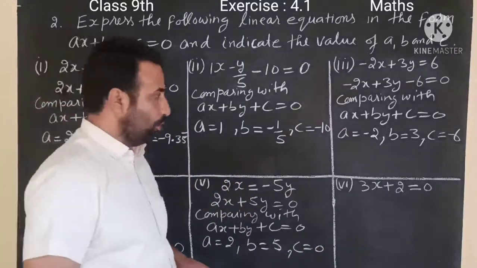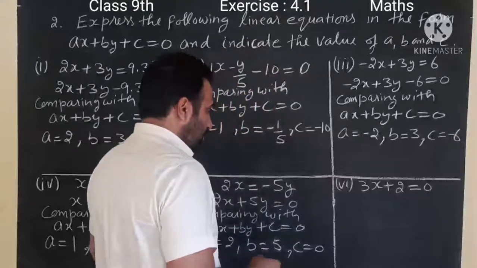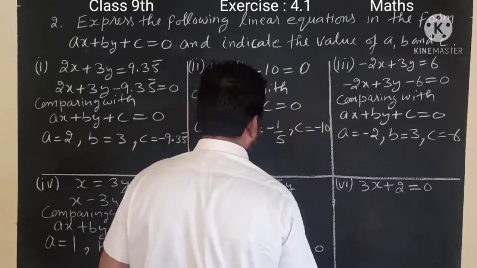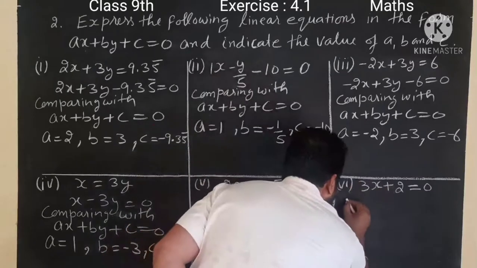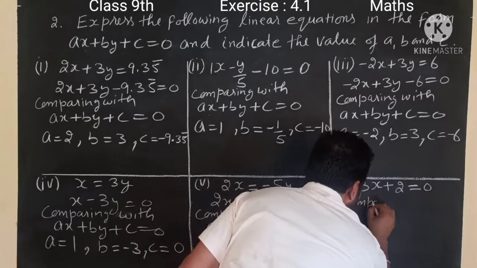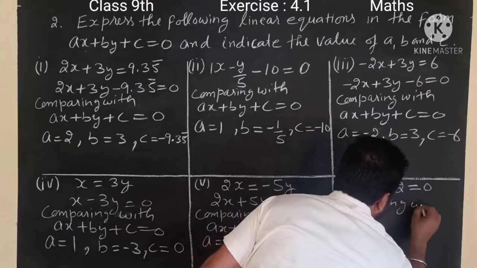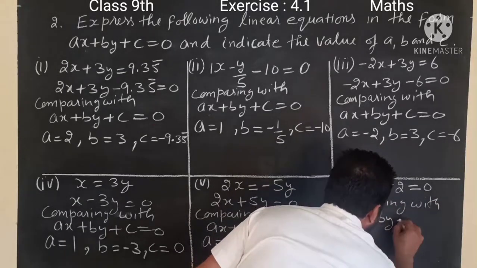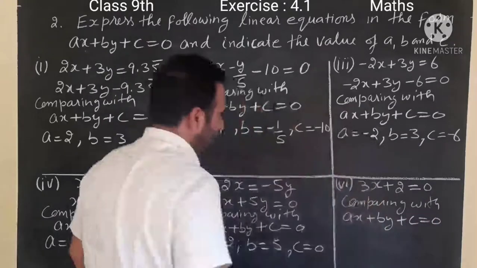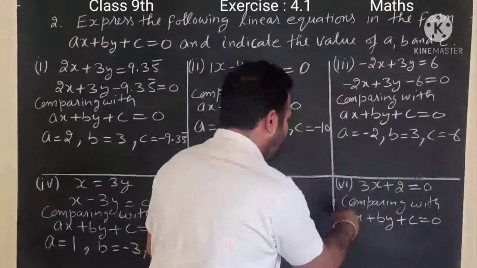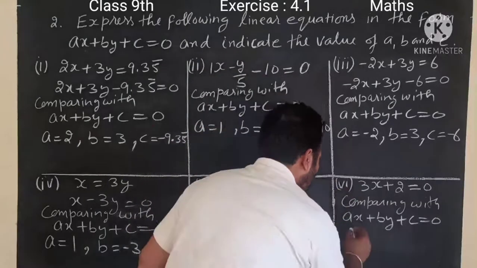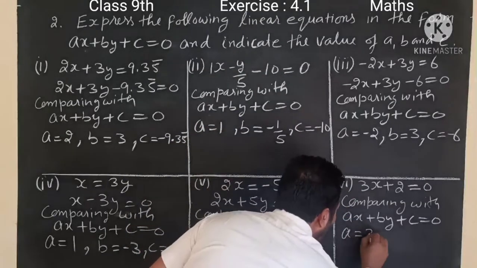Okay, so sum number 6, that is equal to 0 already, so no need to make equal 0. So comparing with ax plus by plus c equal to 0. If we are comparing, we can check the value of a is 3.